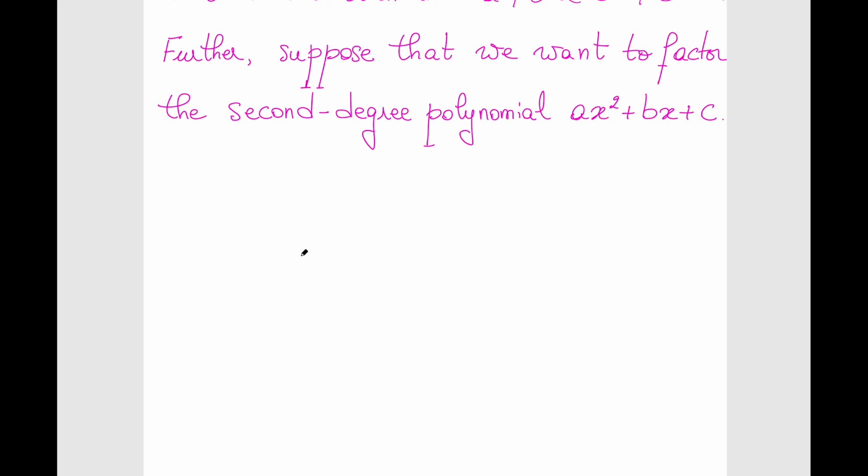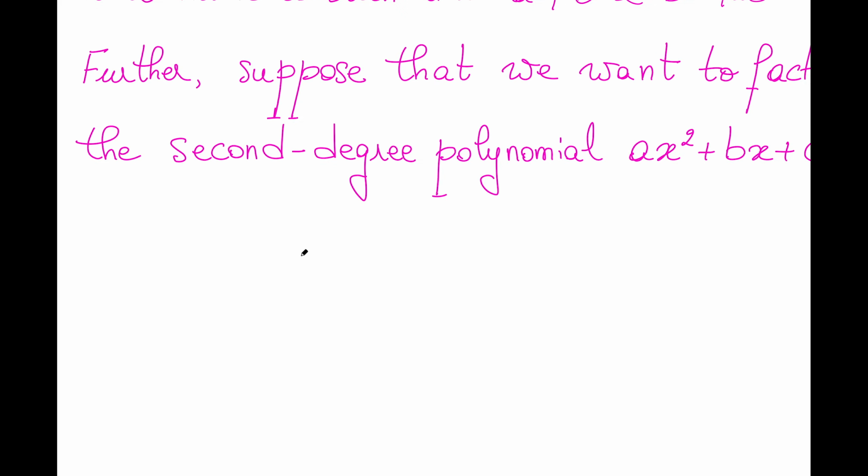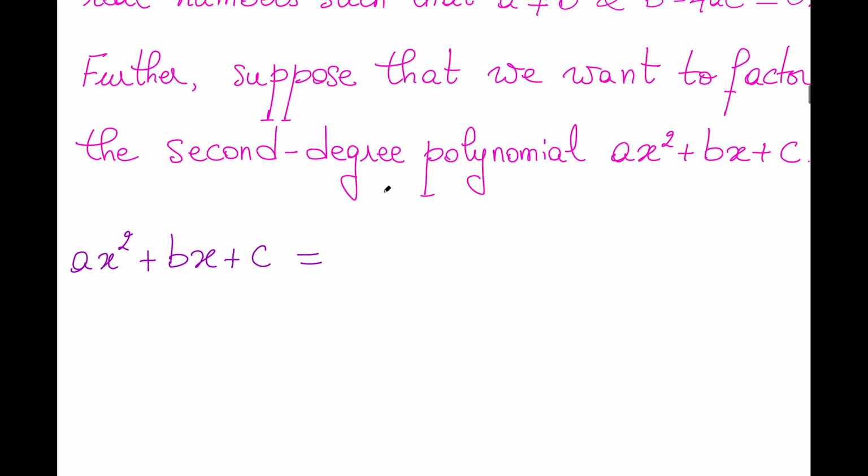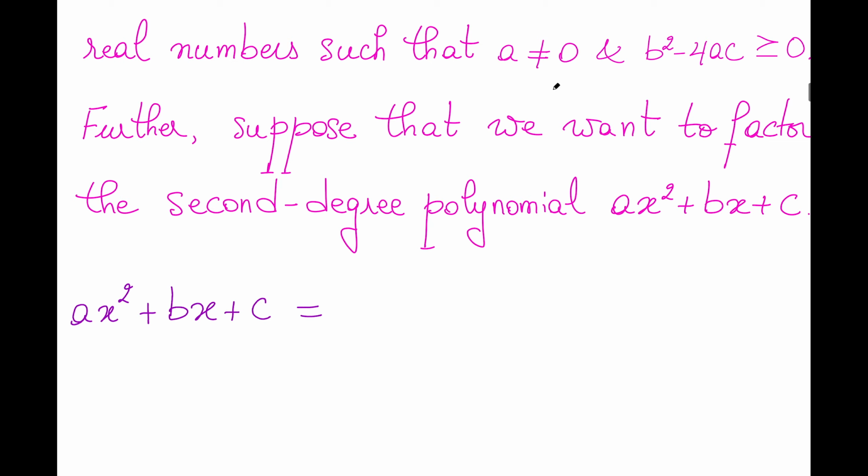Let me zoom in a little bit. It's too much. Okay, this is okay. So ax squared plus bx plus c. Since a is not 0, remember a is not 0, let's factor out a. If you factor out a, you get a times, and factoring out a means everything is divided by a.